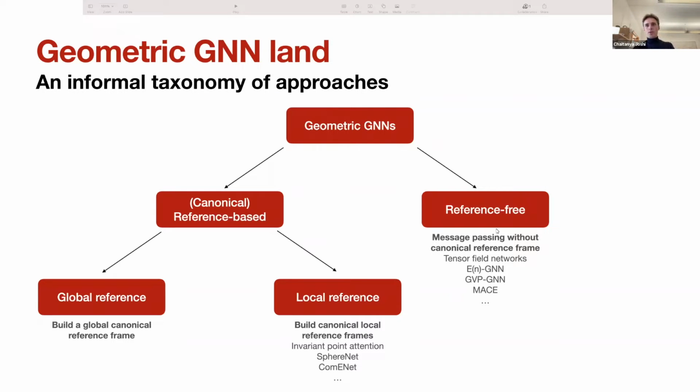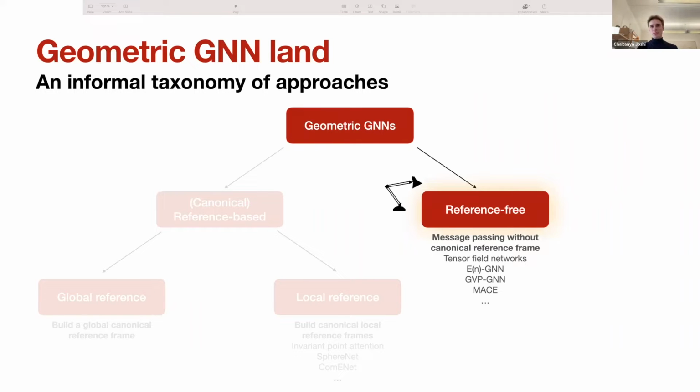Or we could follow a reference-free approach, which many of the other prominent graph neural networks follow. And our focus in our work really puts an emphasis on the reference-free approach. So that's essentially where our exploration holds. So message passing, where we don't actually want to first rotate our graph or our neighborhoods and canonicalize them to some sort of reference frame, but we want to take them in whichever reference frame they're given.